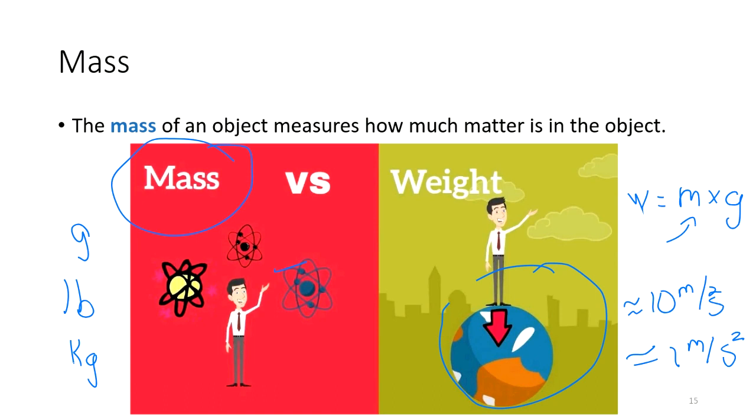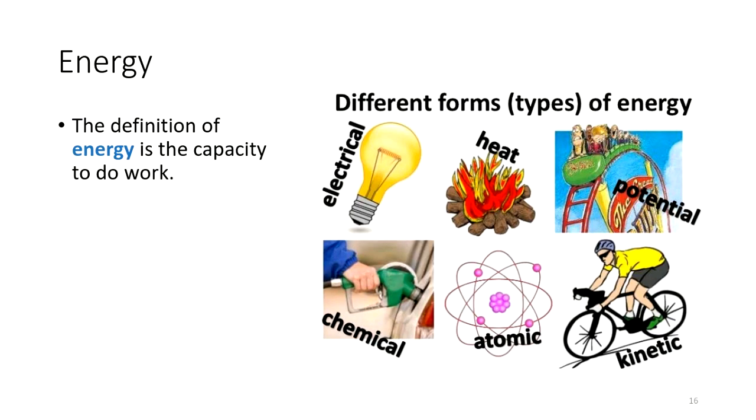Now let's talk a little bit about energy. This is the simplest definition that you can find: energy is the capacity to do work. We have different forms of energy, for example electrical. Heat is also a type of energy. I bet you remember potential energy.